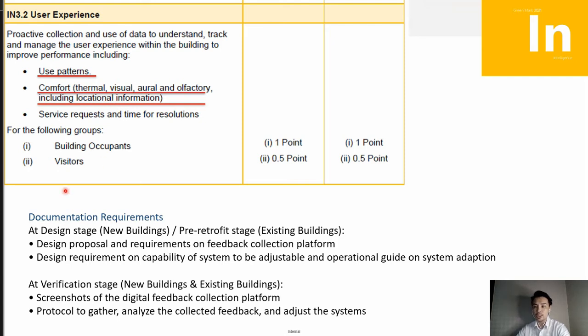Here, showcase the documentation requirements at the design stage and also at the verification stage itself. You need to get the requirements and the proposal in terms of how the feedbacks are collected, the design requirements of the capability of the systems, where you can do adjustments, operational guides, screenshots, and the protocol for how you collect all these feedbacks.